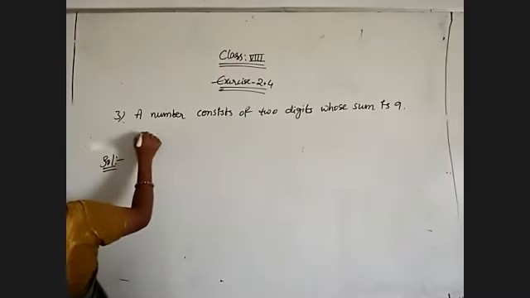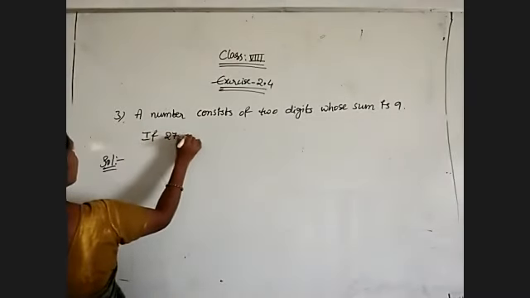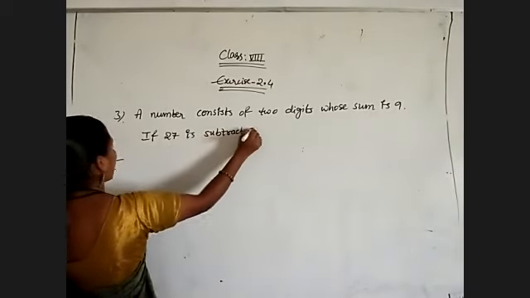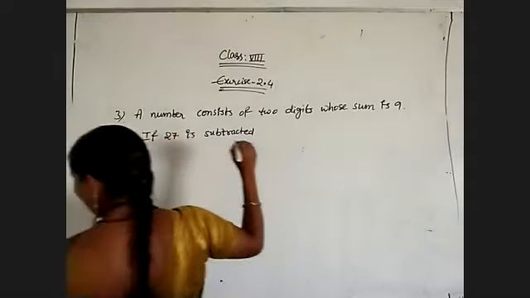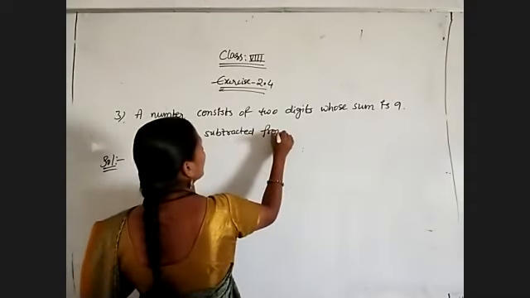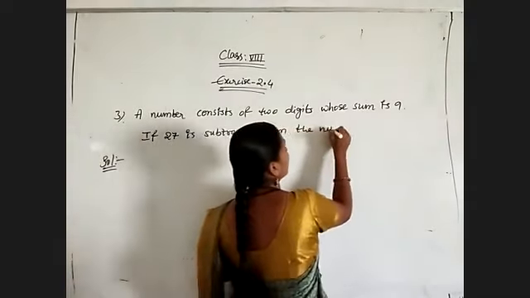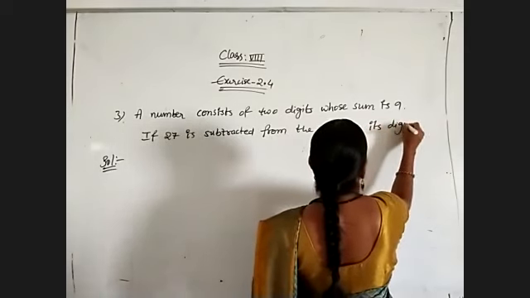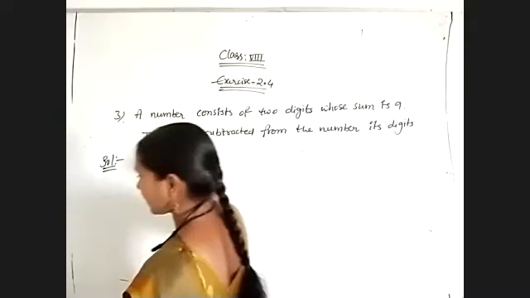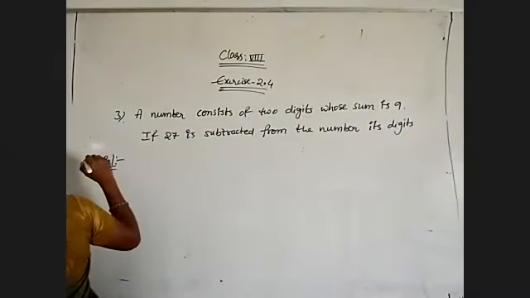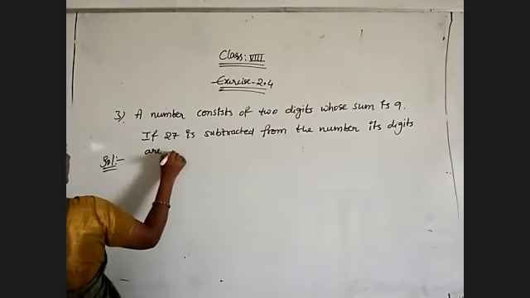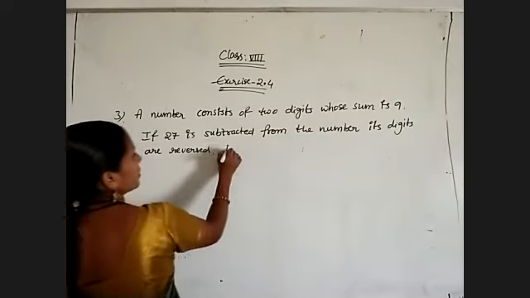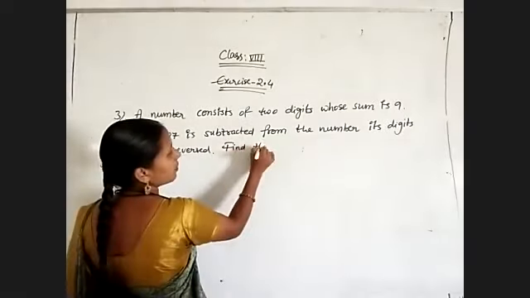If 27 is subtracted from the number, its digits are reversed. Find the number. So yesterday I told you this type of question.